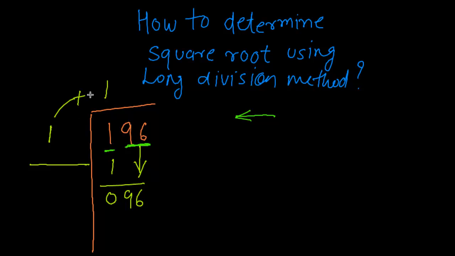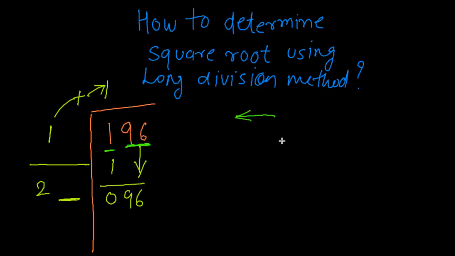Add this 1 to this 1 and you will get 2 over here, and there will be one space over here that we will have to fill with some number. Now how to choose this number? This number should be such that when you multiply the entire number formed by this number, it should be closest to 96.